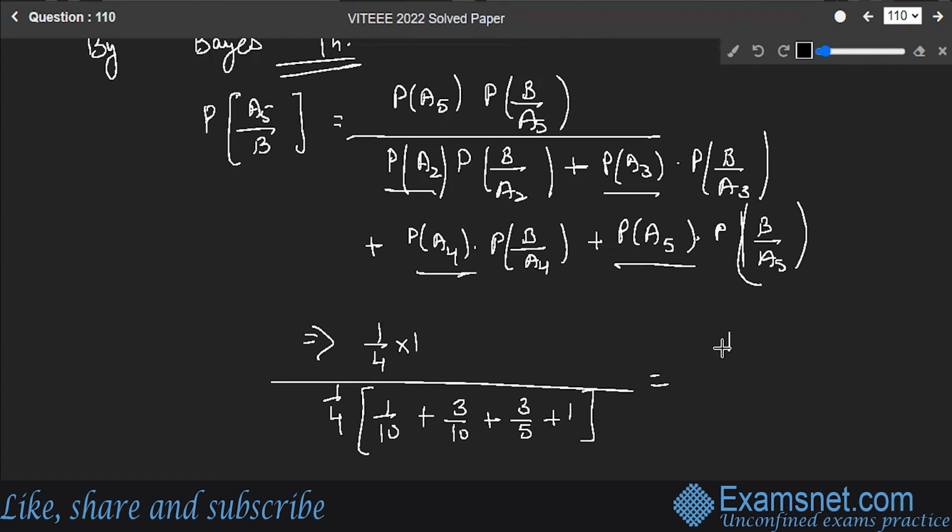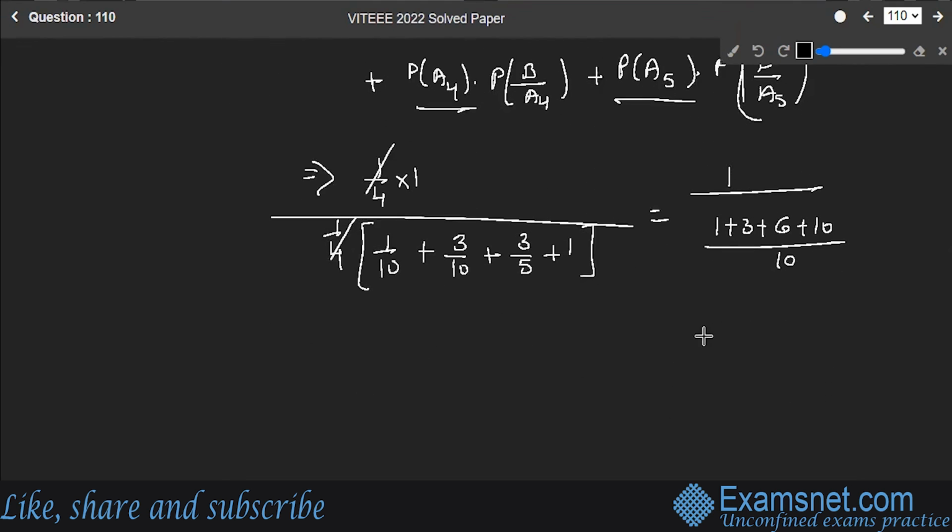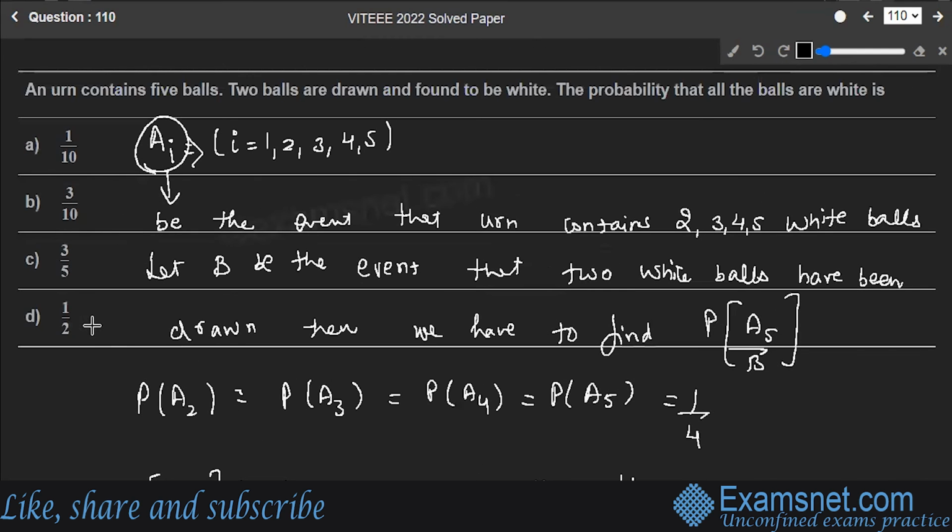The 1 by 4 will cancel out and this will be 1 upon 1 plus 3 plus 6 plus 10, whole divided by 10. That's equal to 10 upon 20, or 1 by 2. This makes option D the answer to the question.